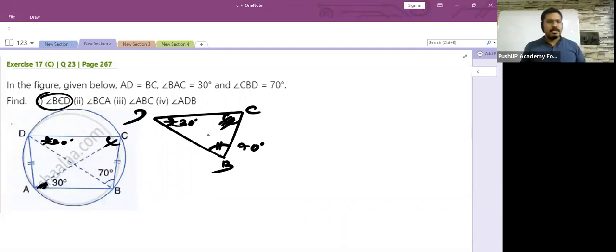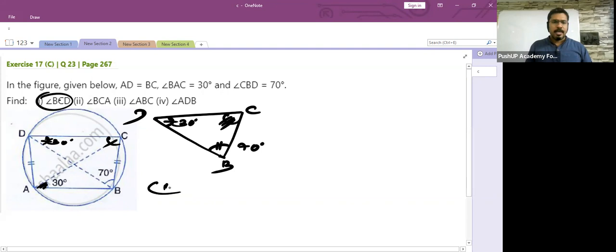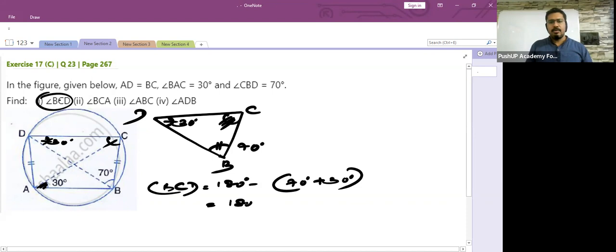So when you use the angle sum property, you will get angle BCD is equal to 180 degrees minus (70 degrees plus 30 degrees). That is equal to 180 degrees minus 100 degrees. How much is it? 80 degrees. Angle sum property of a triangle.